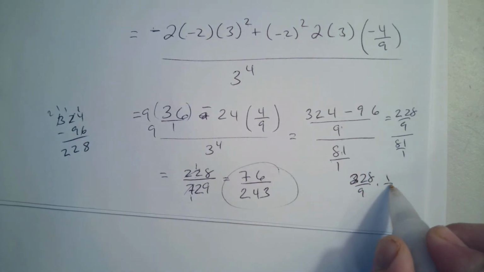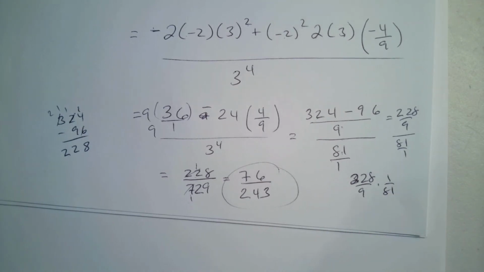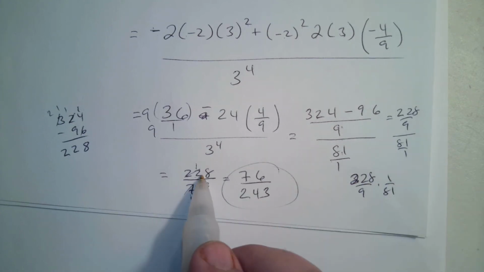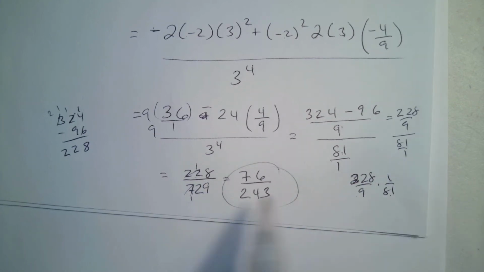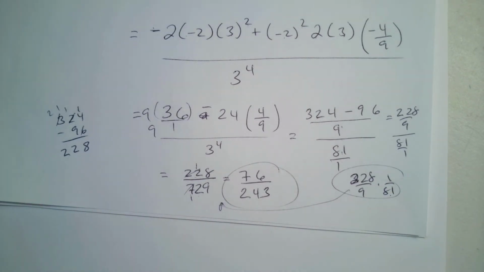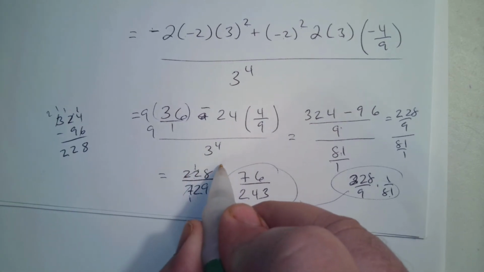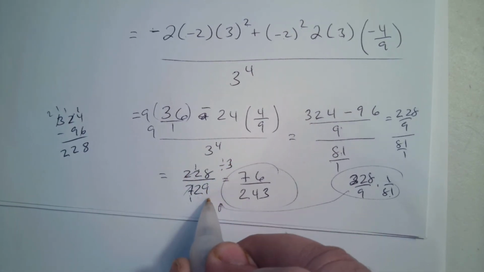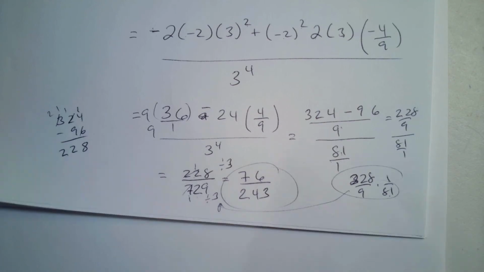Flip the bottom and multiply. 228 times 1 is 228. 81 times 9 is 729. That's how I got that. And then I divide both of these numbers by 3, because they both are divisible by 3. Next sheet.